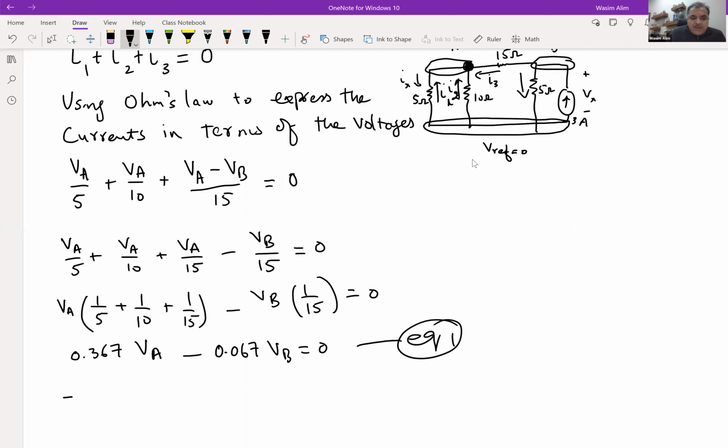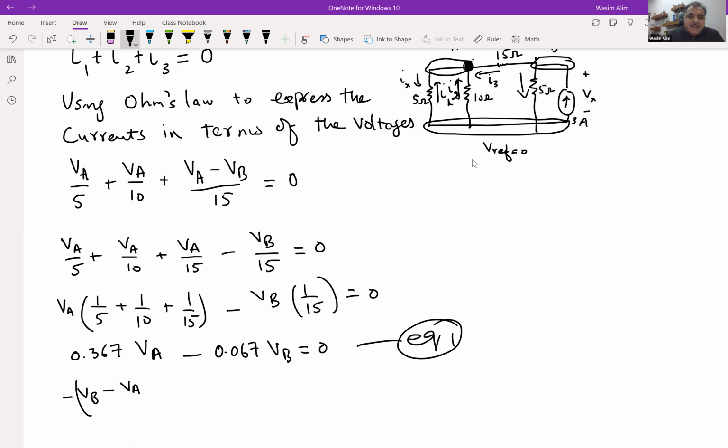So you can write it minus V sub B minus V sub A, again from the independent node that you are writing this, you have to write from that direction. So what I'm saying is from this point, I'm saying V sub B minus V sub A divided by 15, but again, the current is leaving that node.